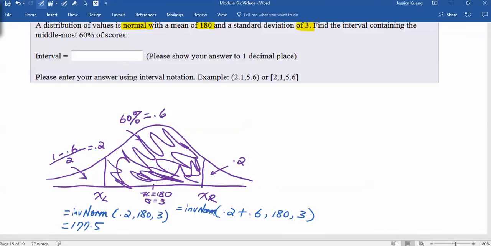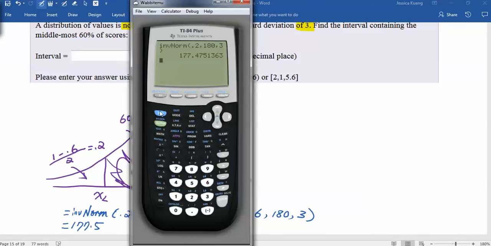And the boundary on the right hand side is second VARS. Scroll down to inverse norm. And that was 0.2 plus 0.6.